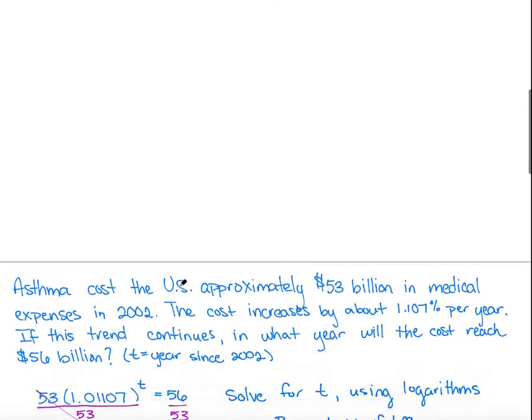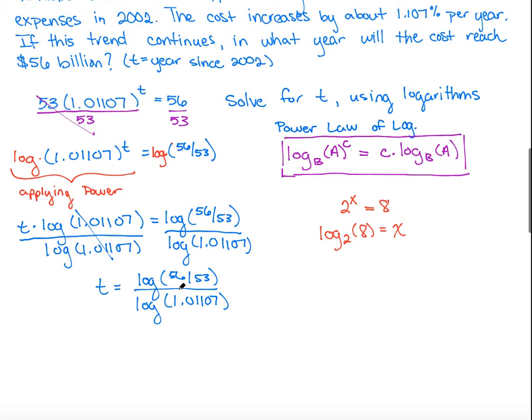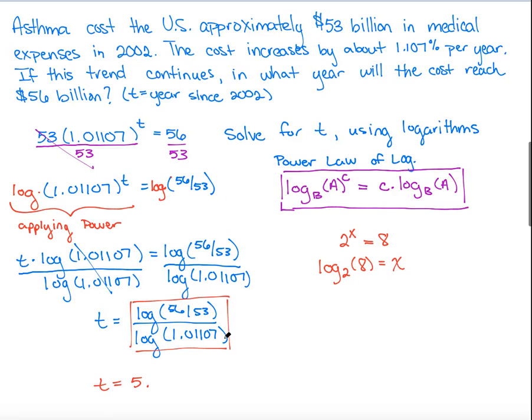In this problem, we did apply the power law, and we ended up with the same expression. So if we put this into our calculator, we should also get the same solution, that t is equal to 5. Isn't that beautiful? I think that's great. If you're interested in one more method of solving this problem, look forward to another video where we'll solve this same exponential function, but we'll do it graphically.